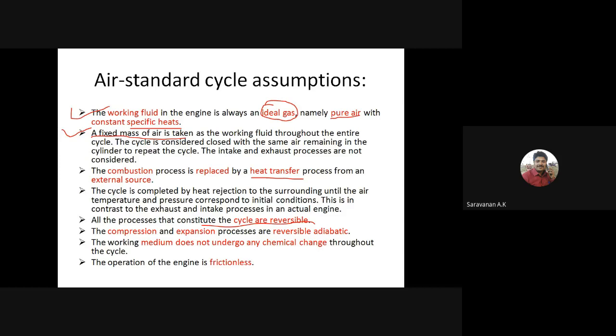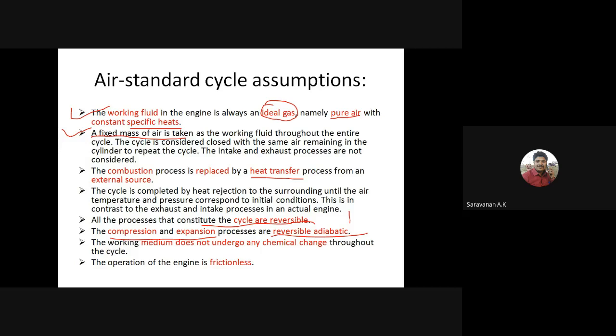Then the compression and the expansion (power) strokes are considered as adiabatic processes, reversible adiabatic or isentropic processes.